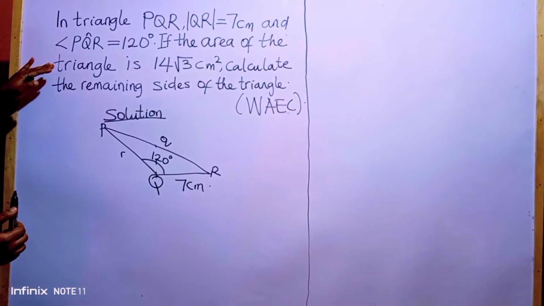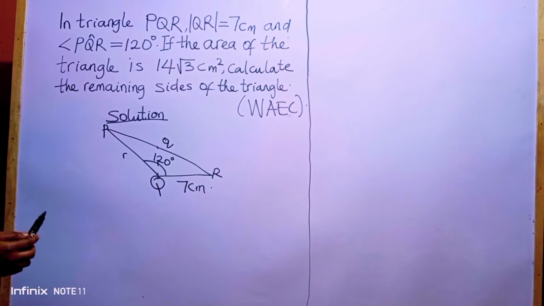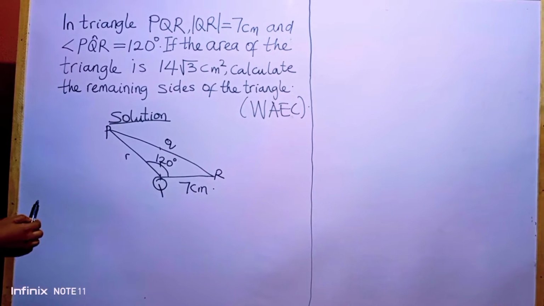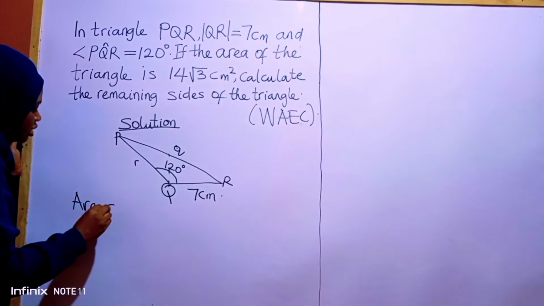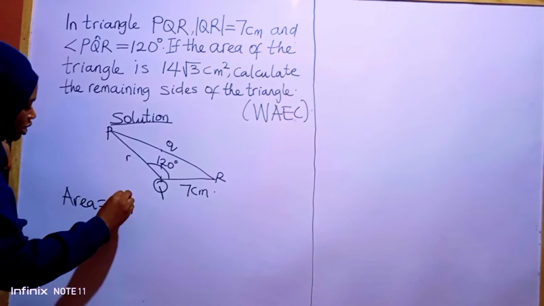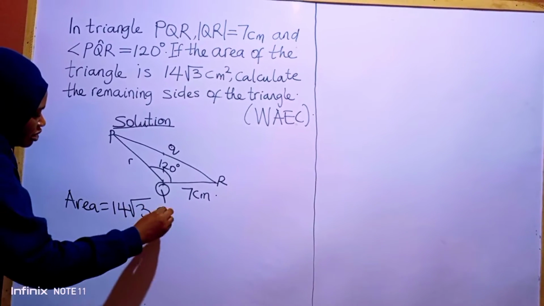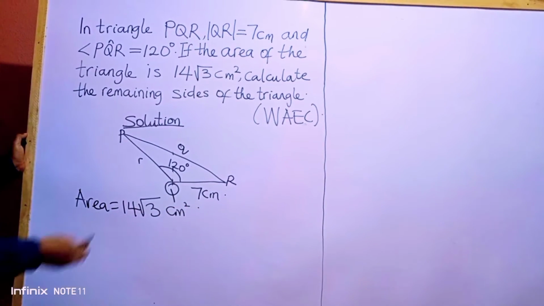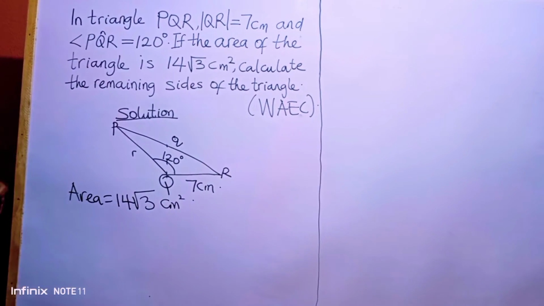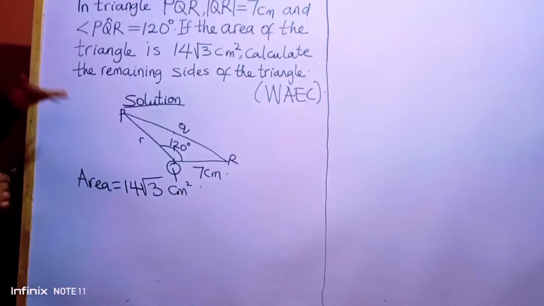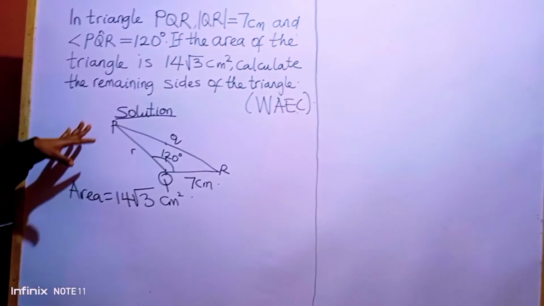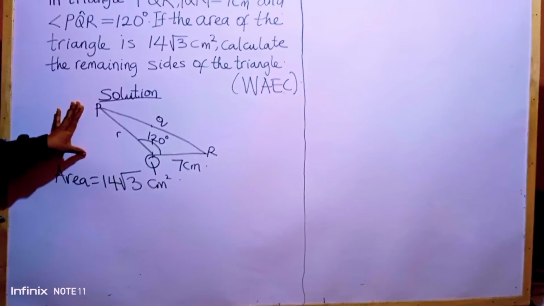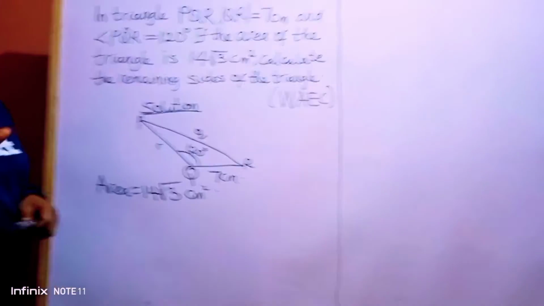Now, the area of the triangle is equal to 14√3 centimeters squared. So those are the given parameters there. Now calculate the remaining sides of the triangle. Now we want to calculate the area of this triangle when the angle is given.